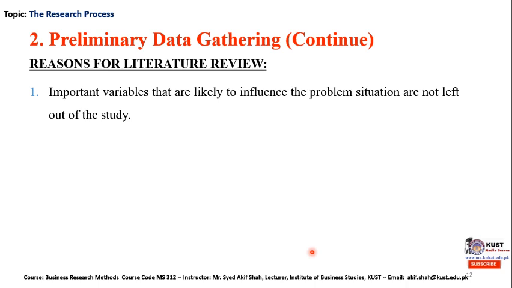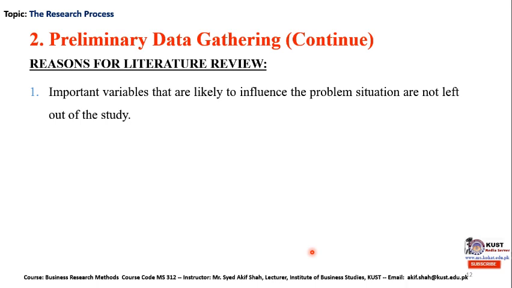Now let us discuss the reasons for a researcher to look at the literature review. These are some of the important reasons because of which we look at literature reviews. Let's discuss those one by one. First important reason is to highlight the important variables that are likely to influence the problem situation, so they are not left out of the study.